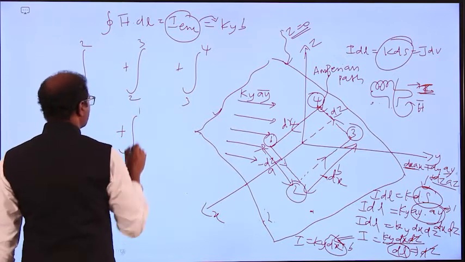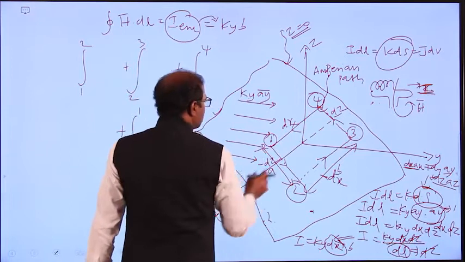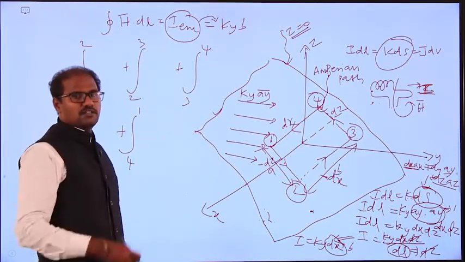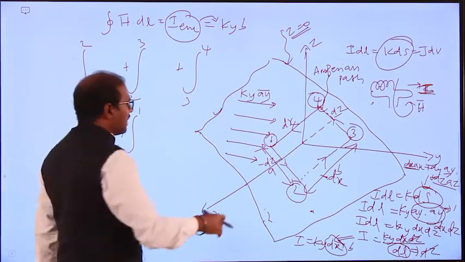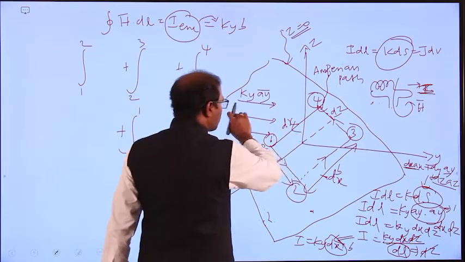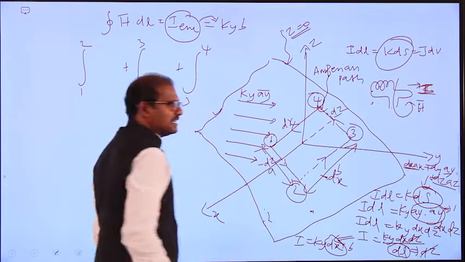We have to take these four paths because for this infinite sheet, on this path our magnetic field intensity revolves while the current is passing. We have to calculate how much current is enclosed in this path, and the amount of current moving in this path.